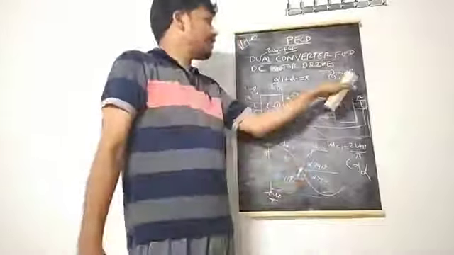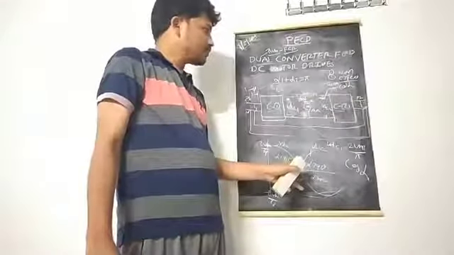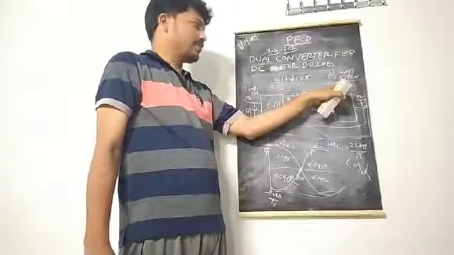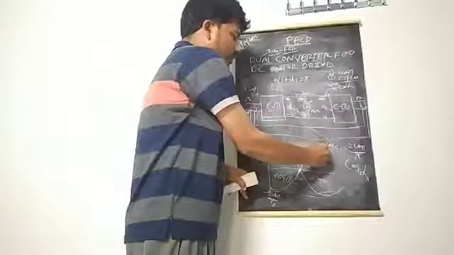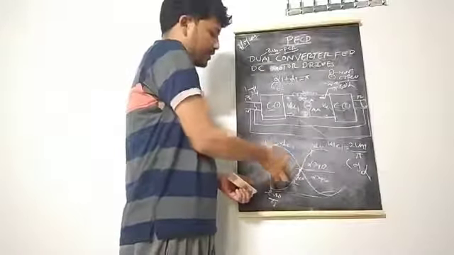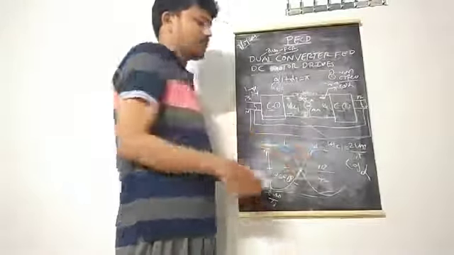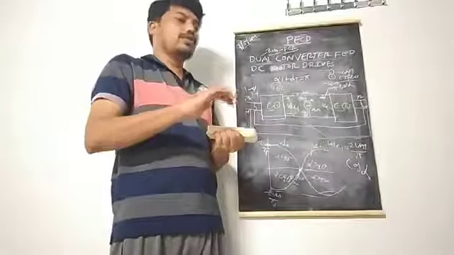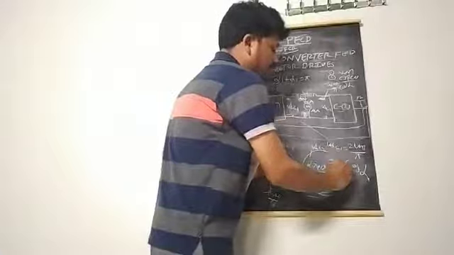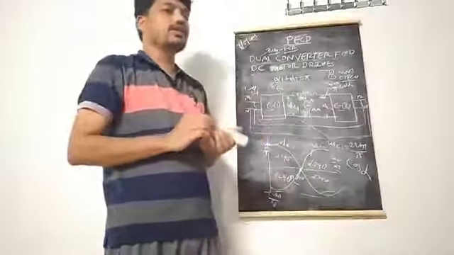If alpha equal to 90 degrees, again 0. If alpha equal to 180 degrees, minus of minus gives plus, therefore we got plus. So each converter has positive voltage and negative voltage. Therefore it operates in plus or minus voltage here. Similarly current also is plus or minus, because of the reversal of the polarity of the voltage.